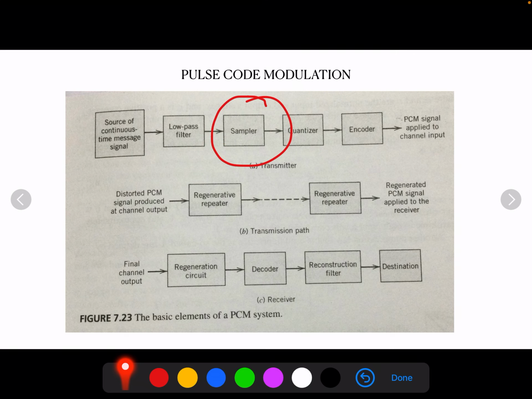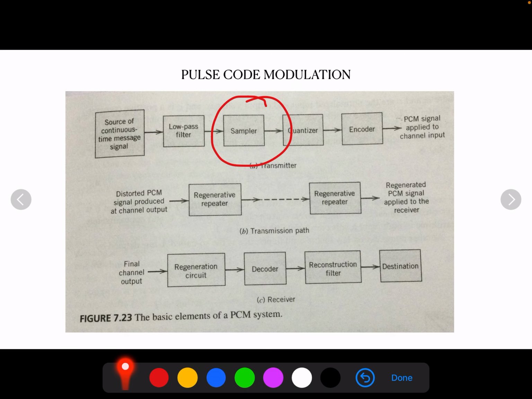In order to ensure perfect reconstruction of the message signal at the receiver, the sampling rate must be greater than twice the highest frequency component W of the message signal in accordance with the sampling theorem. In practice, a pre-alias filter or a low-pass filter is used at the front end of the sampler in order to exclude frequencies greater than W before the sampling.